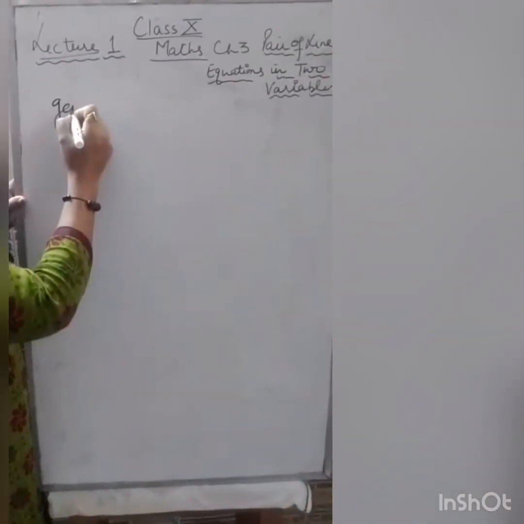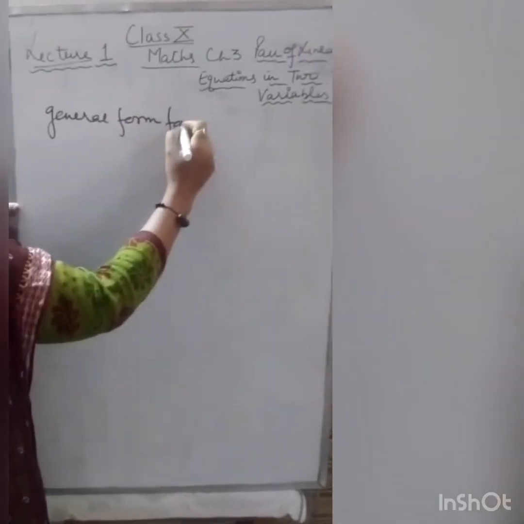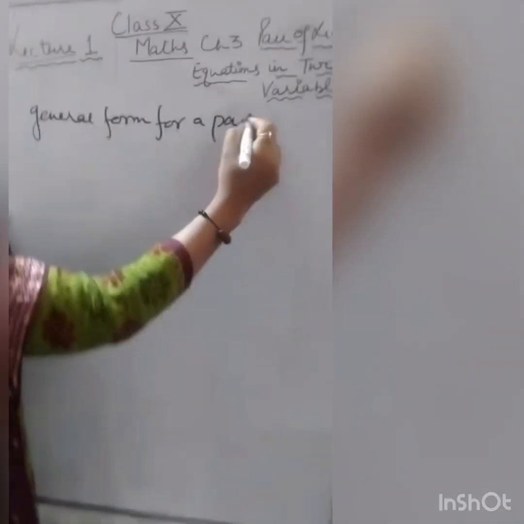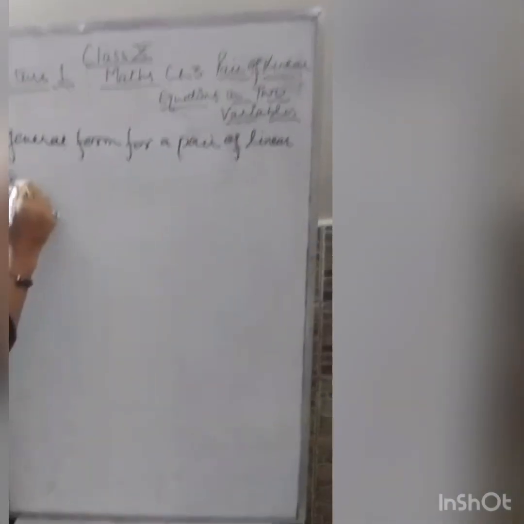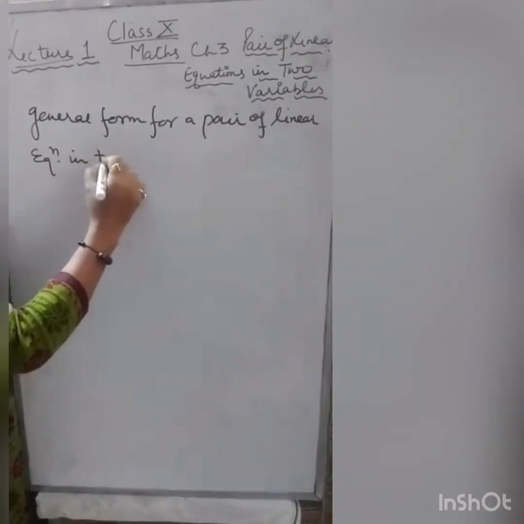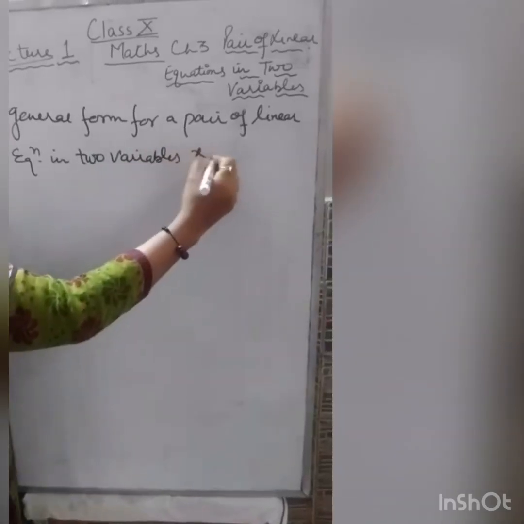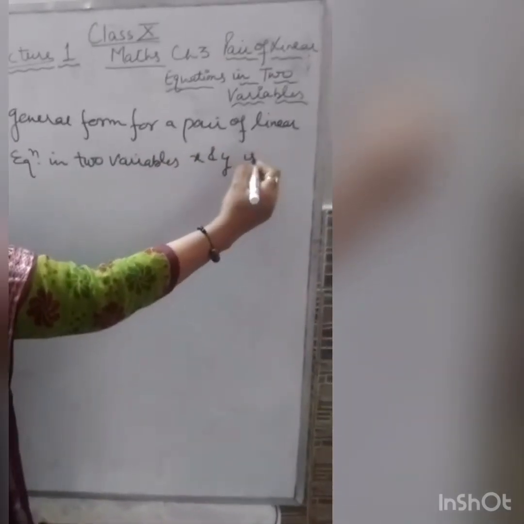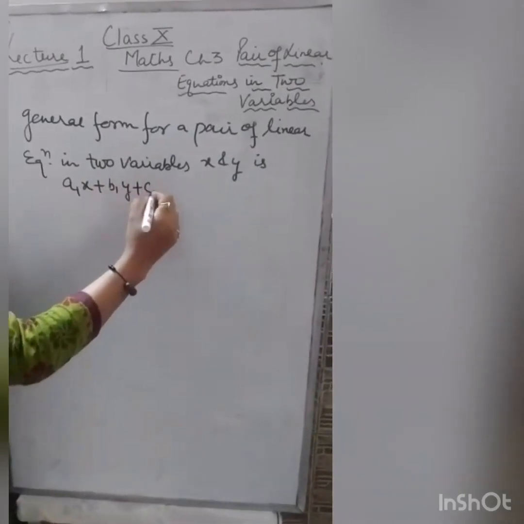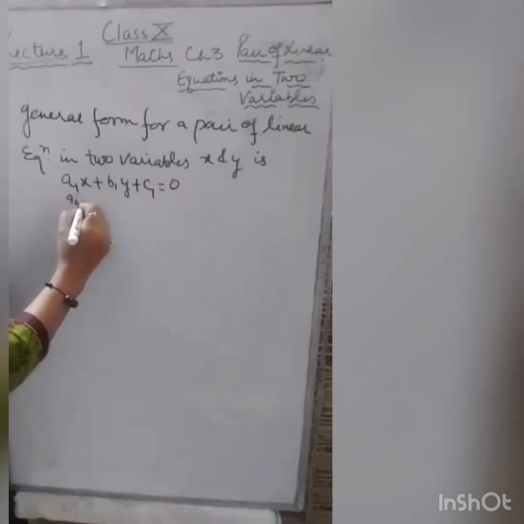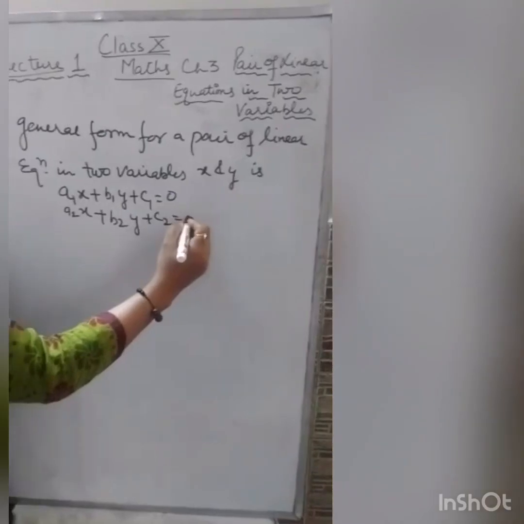Now general form of a pair of linear equation in two variables x and y is a1x plus b1y plus c1 is equal to 0, a2x plus b2y plus c2 is equal to 0.